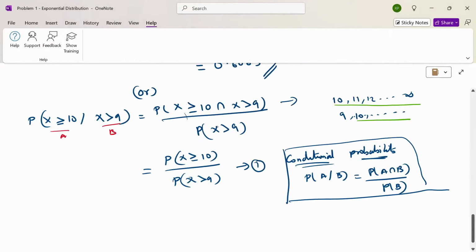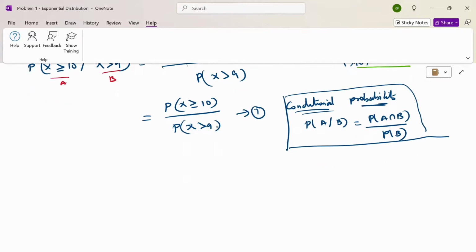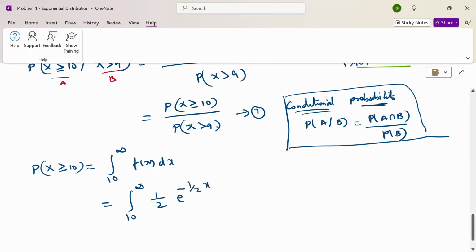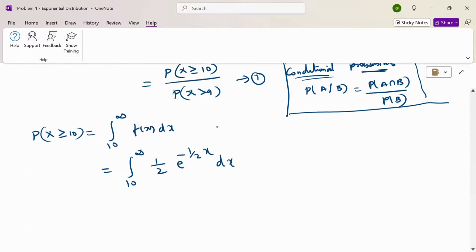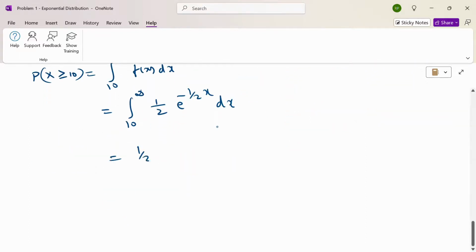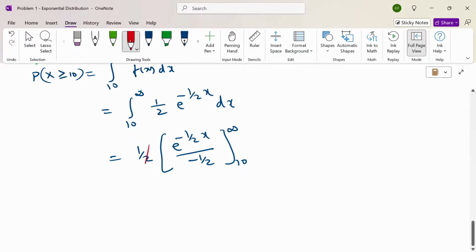Now find the numerator and denominator separately. X greater than or equal to 10 is the integral from 10 to infinity of f of x dx. What is f of x? It is 1/2 e power minus 1/2 x dx. Now integrate: e power minus 1/2 x divided by minus 1/2, from 10 to infinity, cancelling these two terms.